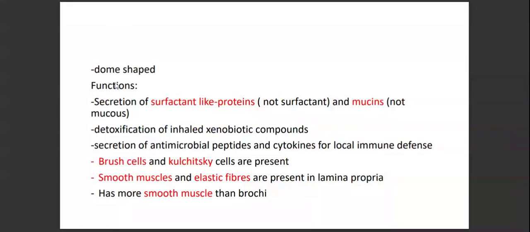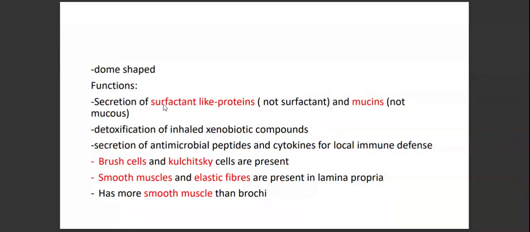What are their functions? These Clara cells secrete what we call surfactant-like proteins. This one is highlighted in red. Very, very important to take note of the difference.